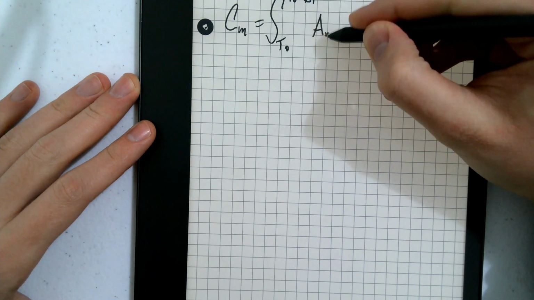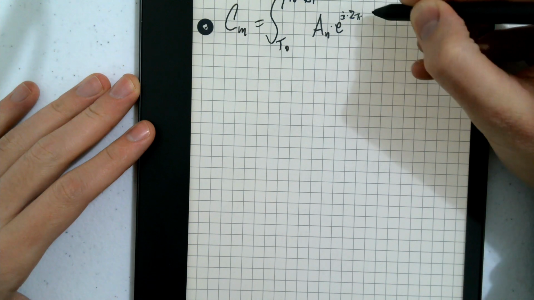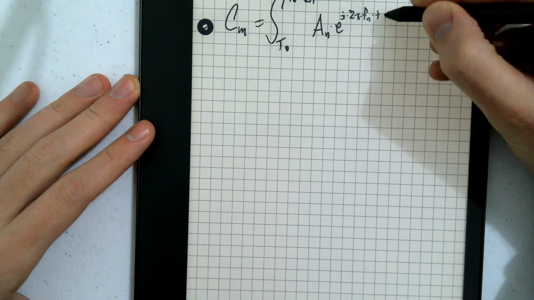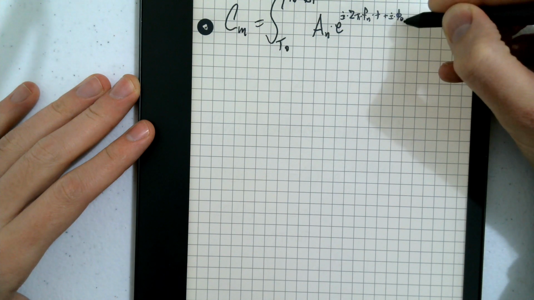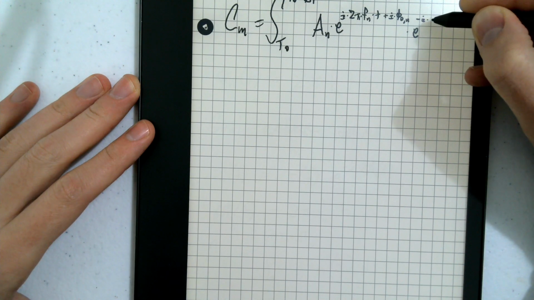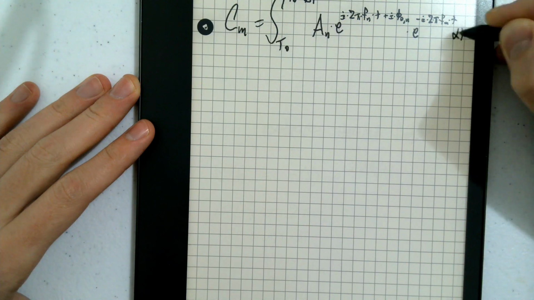So we have a sub n times e to the i 2 pi f sub n t plus i phi naught sub n, times e to the minus i 2 pi f sub m times t dt.